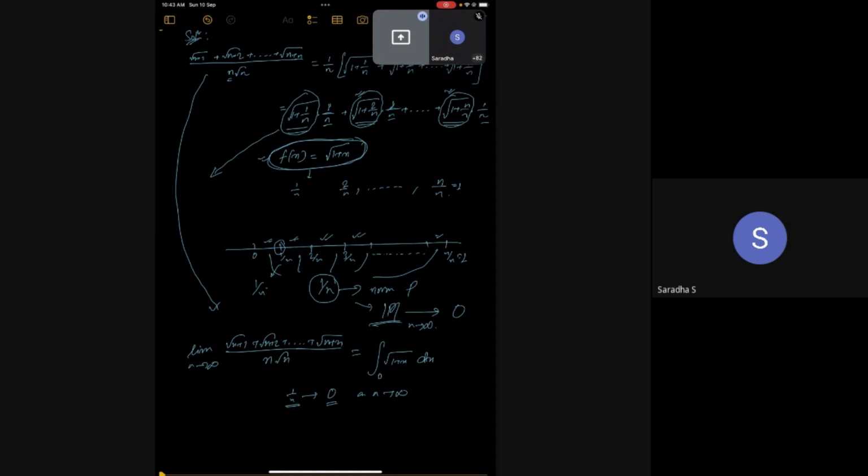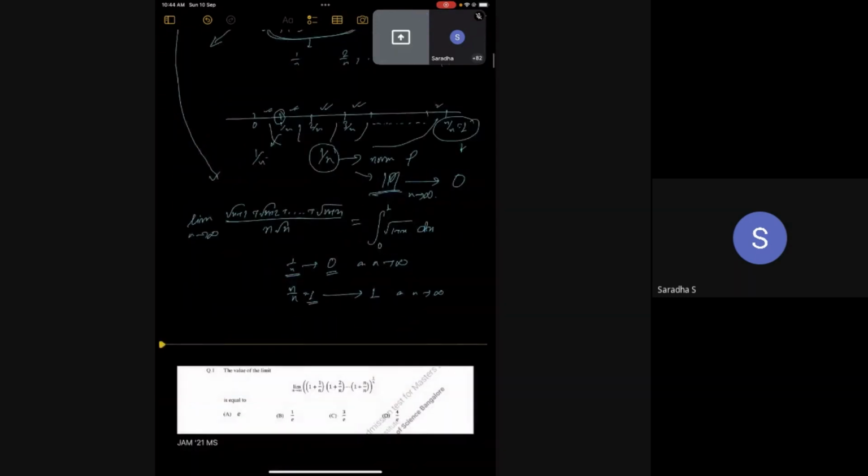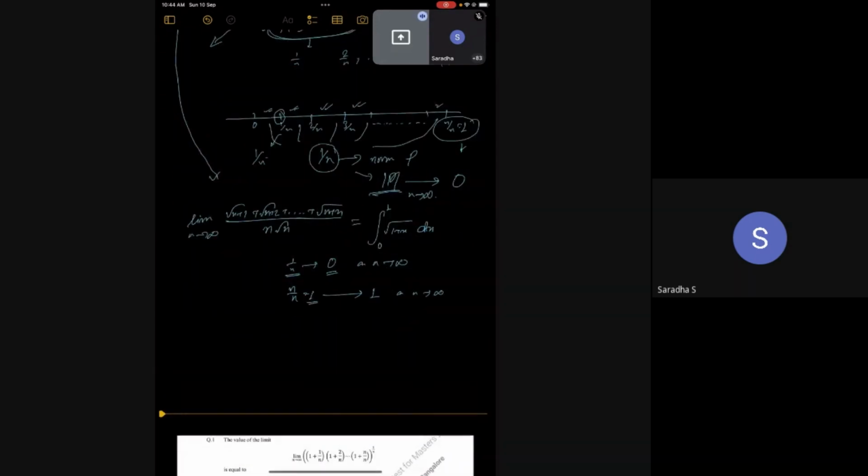And the last point in the partition we chose is n by n, which is nothing but 1, and this remains 1 as n goes to infinity. So it's nothing but the integral of the square root of 1 plus x from 0 to 1.